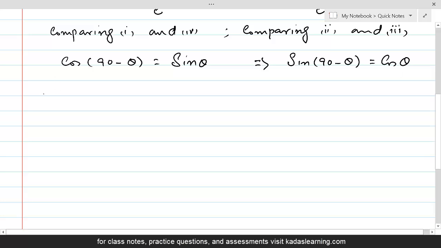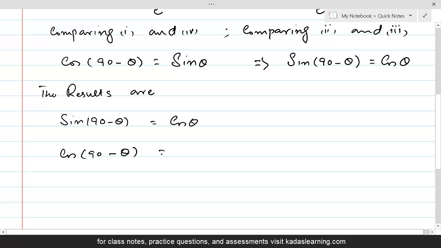So let us write down the results here. Summarizing, the results are that sine of 90 minus theta is equal to cos theta, cos of 90 minus theta is equal to sine theta, without any reference to sign because all are positive.